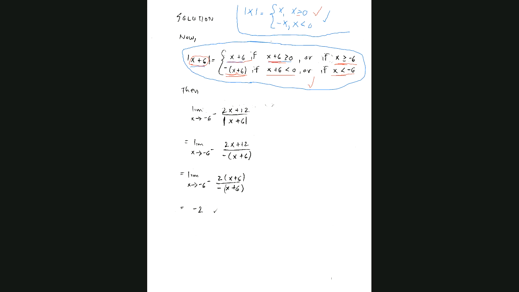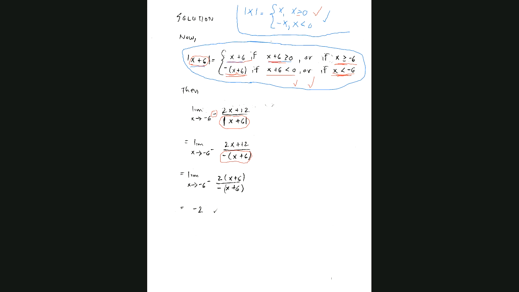So now, for instance, approach x equals negative 6 from the left, then we're going to replace the absolute value of x plus 6 with the negative of x plus 6. Because we established up here in the circled piece of information that when x is less than negative 6, the absolute value of x plus 6 equals negative times the quantity x plus 6.